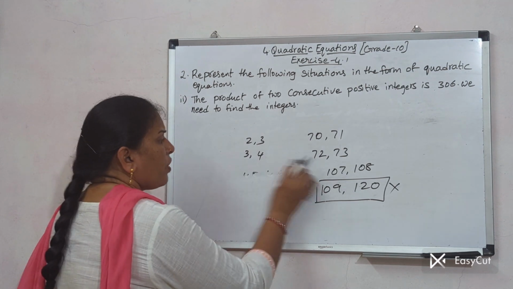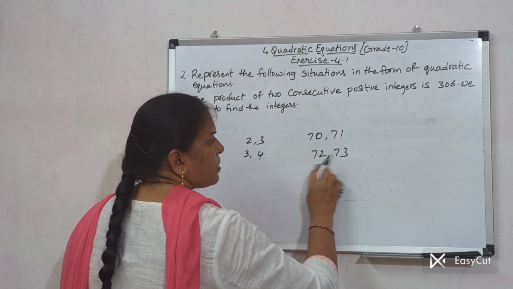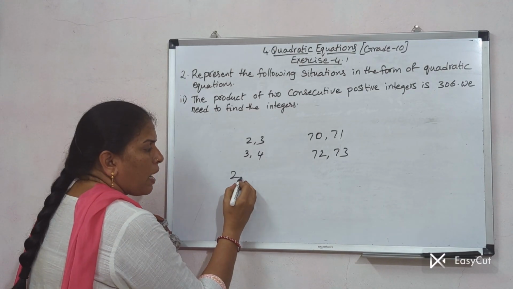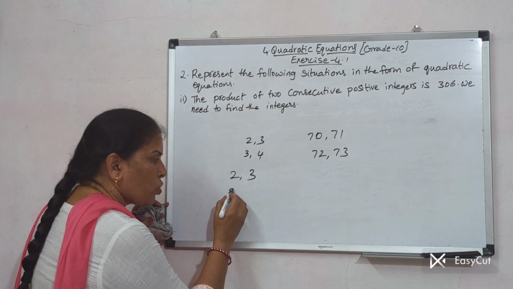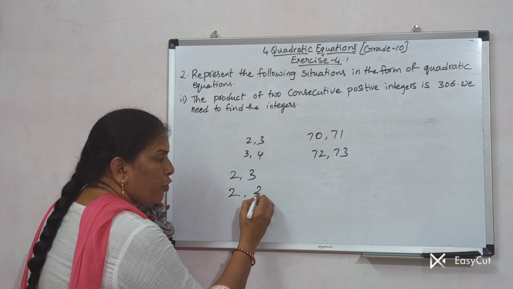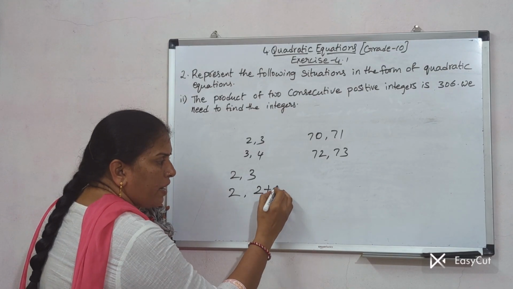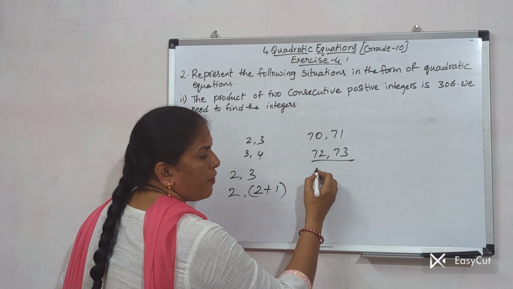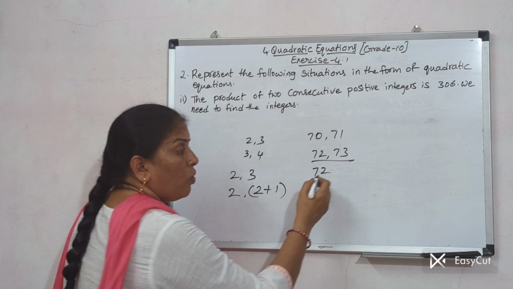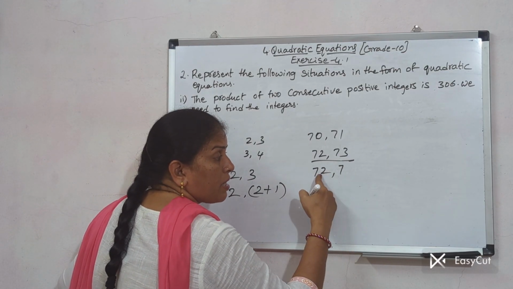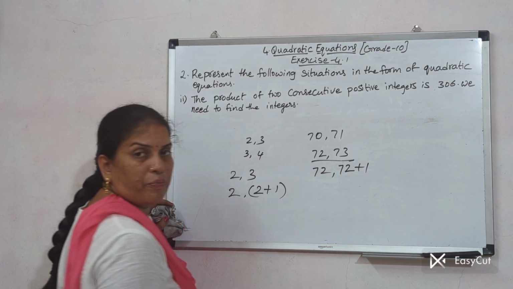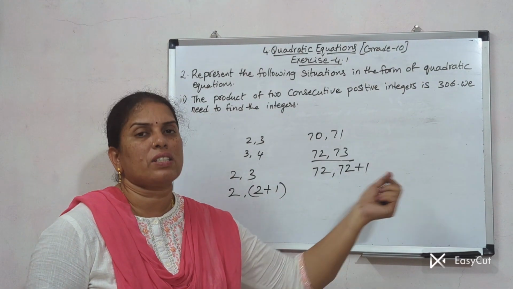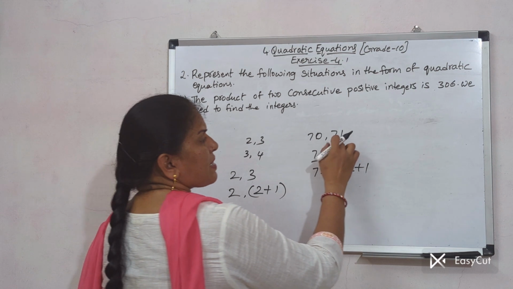First of all, observe these numbers. How do we get the next number? 2, 3: the first number is 2, and if you add 1, you get 3. 72 is the first number; 72 plus 1 gives the next number. So if we add 1 to the first number, you will get the next number.